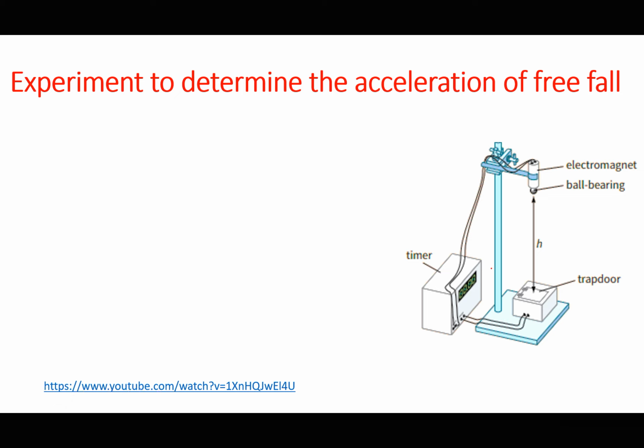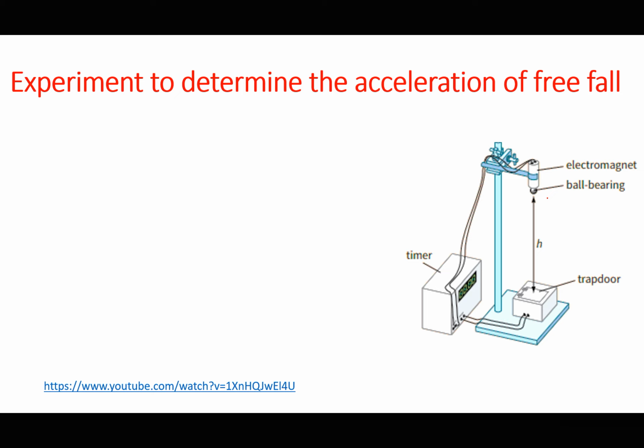Using an electronic timer, we are going to find the time this object falls from the electromagnet to the trap door. So the electronic timer will tell that time. As soon as the object leaves the electromagnet, the timer starts, and as soon as the object reaches the trapdoor, the timer stops. So we shall get a perfect value of t. Then using a meter ruler or a tape measure, we can measure h.